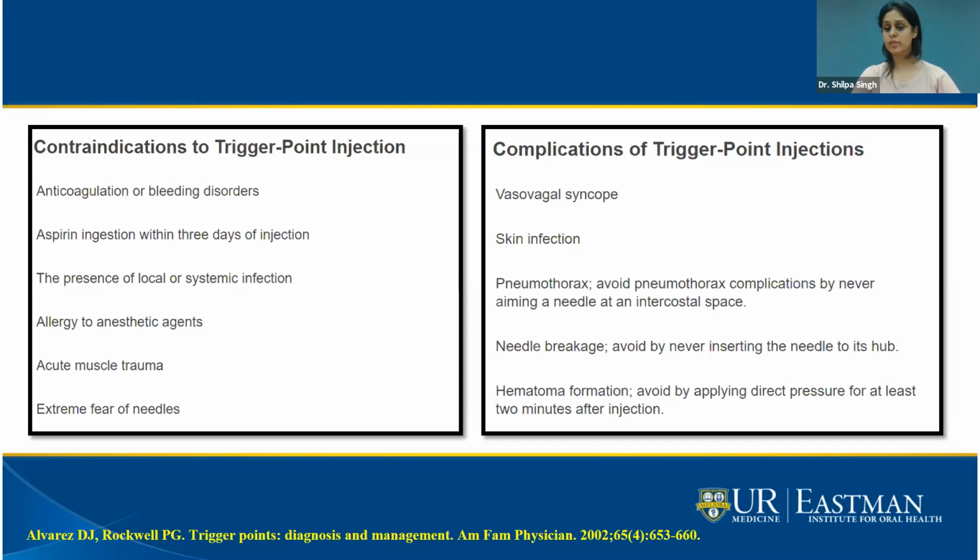We would like to know if there are allergies. If there is acute muscle trauma, we should not do the trigger point there. Plus, we have to take the faith of the patient before we start the trigger point. The patient can be really nervous and can become hyperactive when we are giving the trigger points.